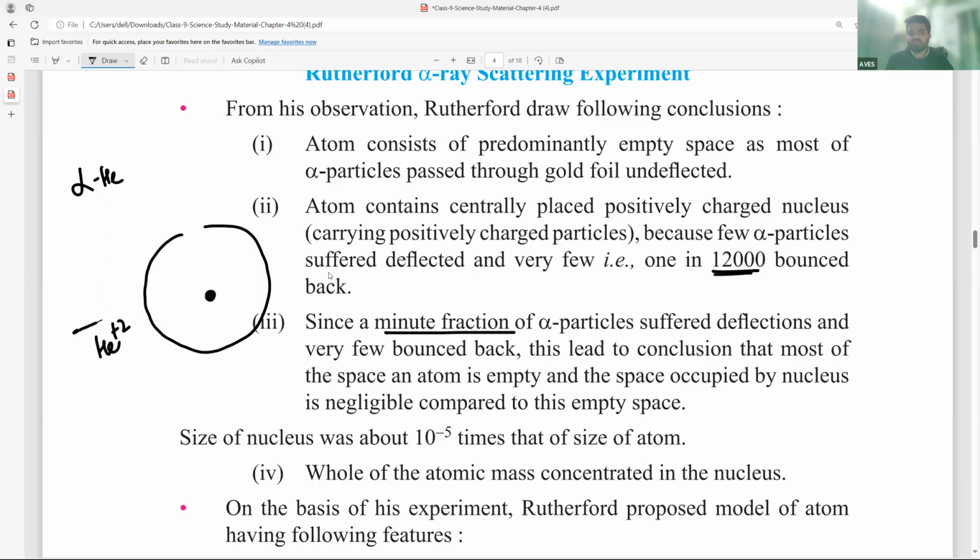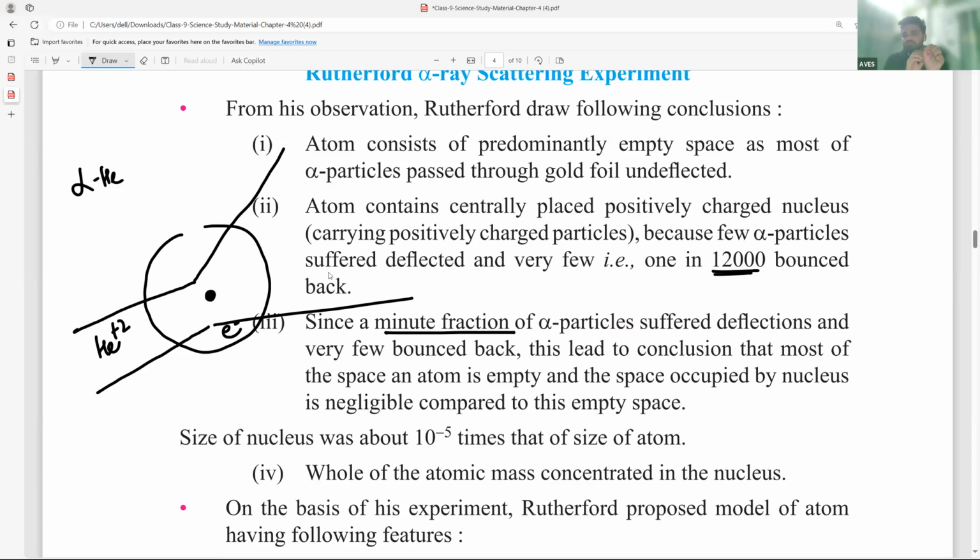When a positively charged particle comes close to the positively charged nucleus, it rebounds, because like charges repel each other. Electrons are negatively charged, so they attract the helium particles. Because of that, deflection is seen.